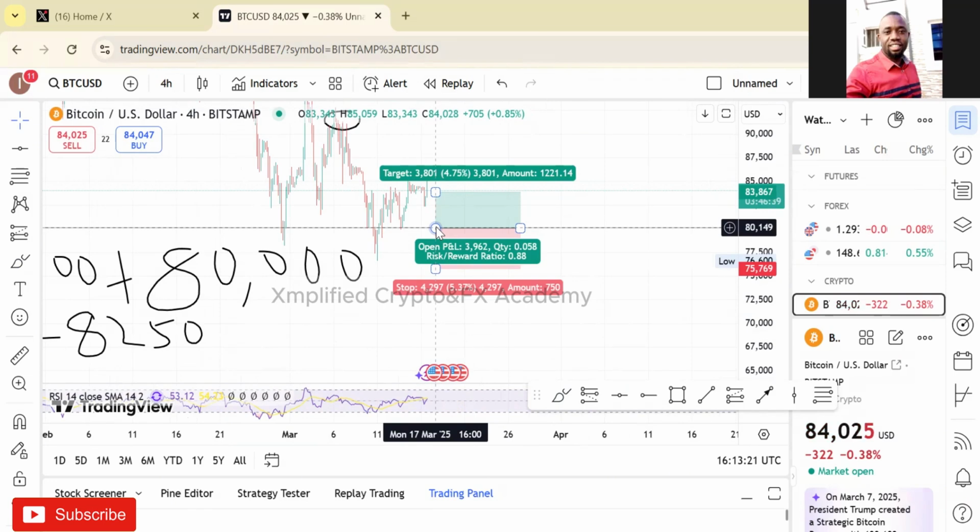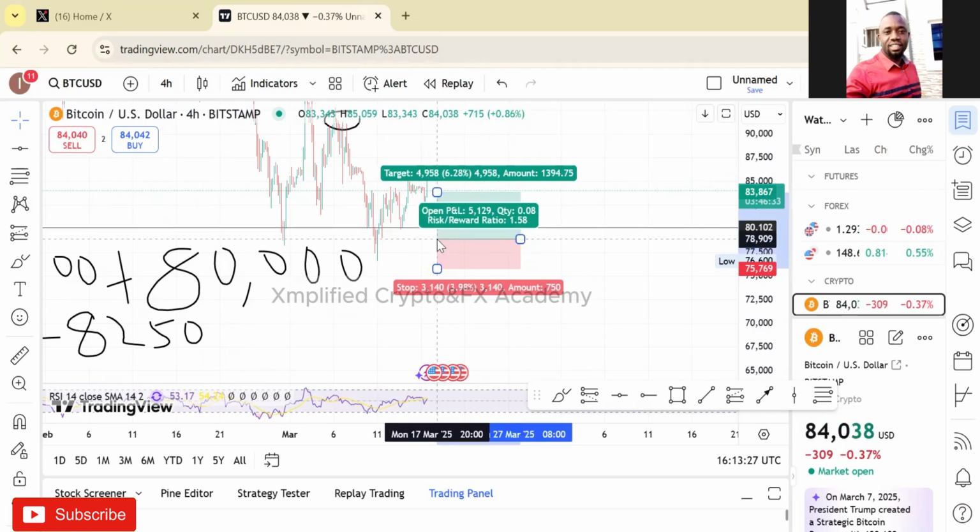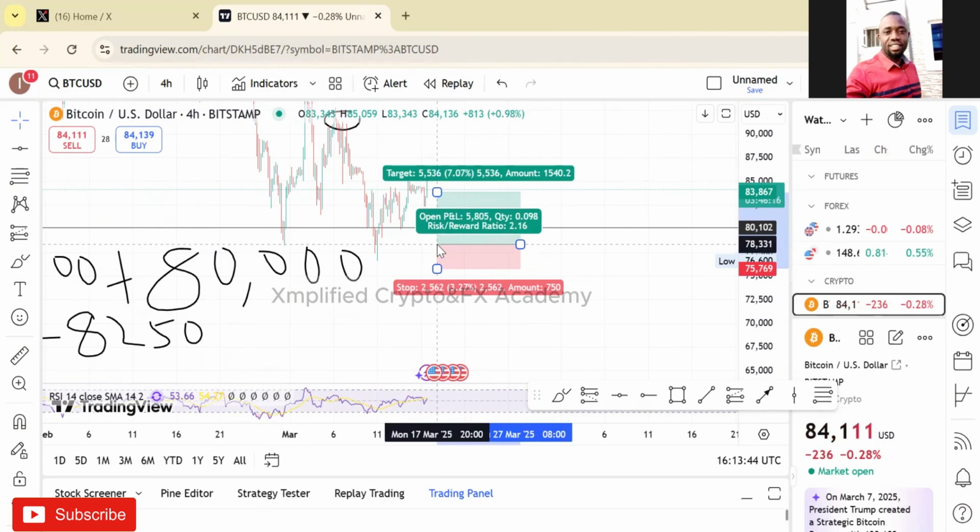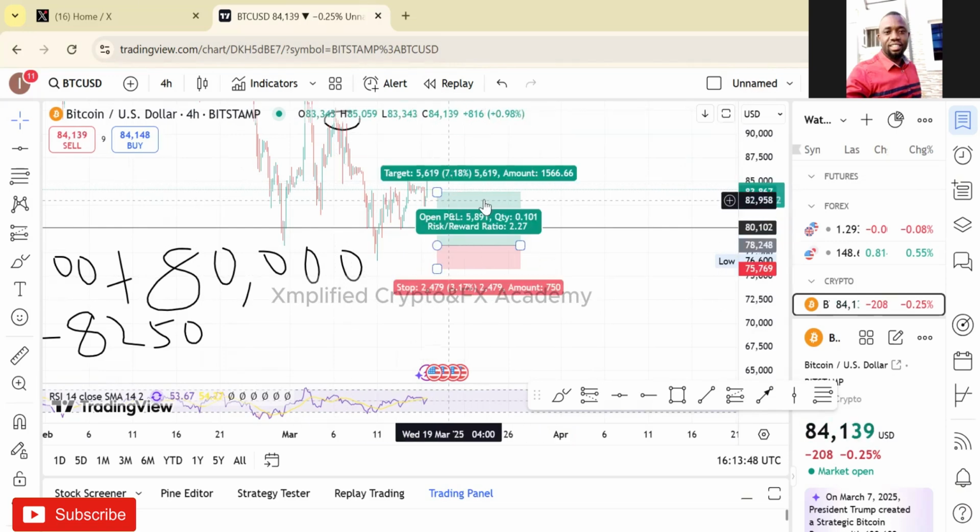Our entry price will now be lowered to something good, 78,250 units. All right, something there about like this, okay?